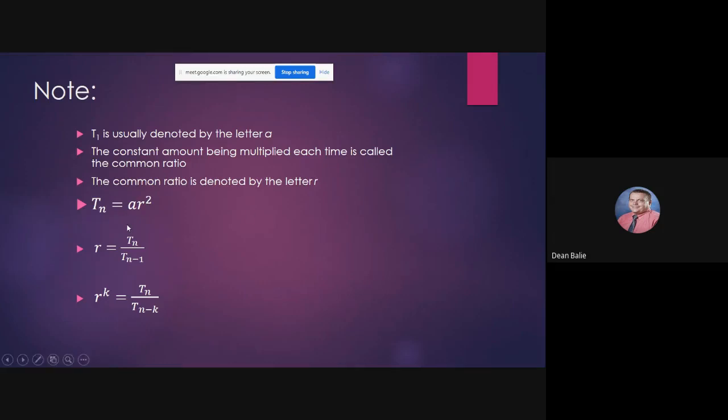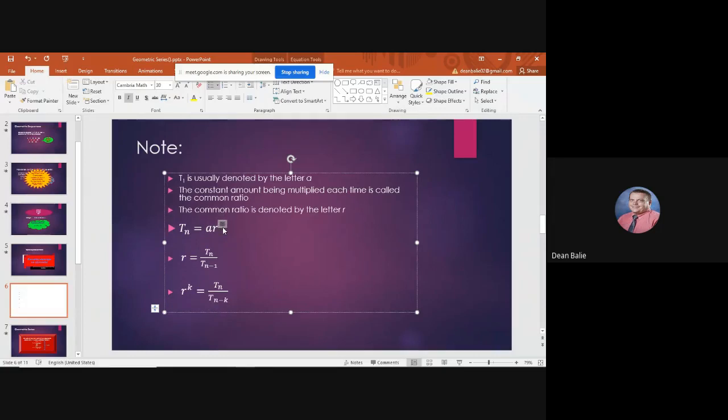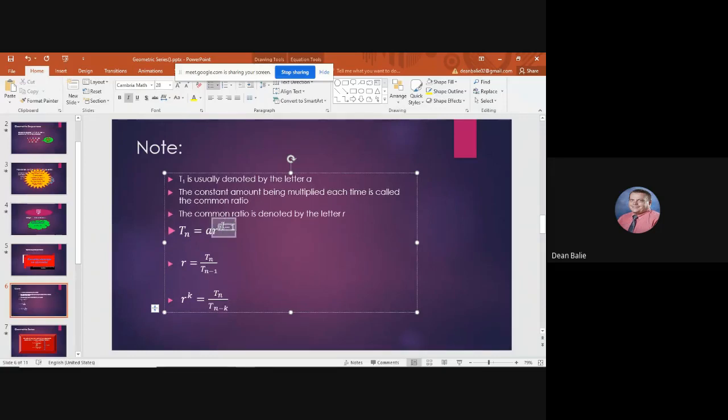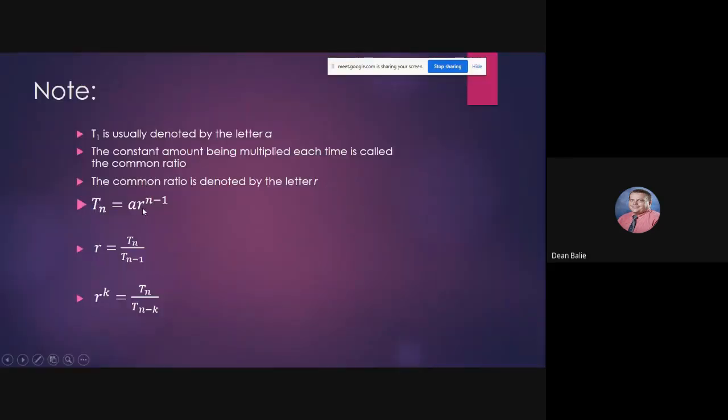In other words, I'm multiplying by r one less than the number of terms that I've got, which makes sense because term 1 is a, term 2 would be a times r, term 3 would be a times r squared.